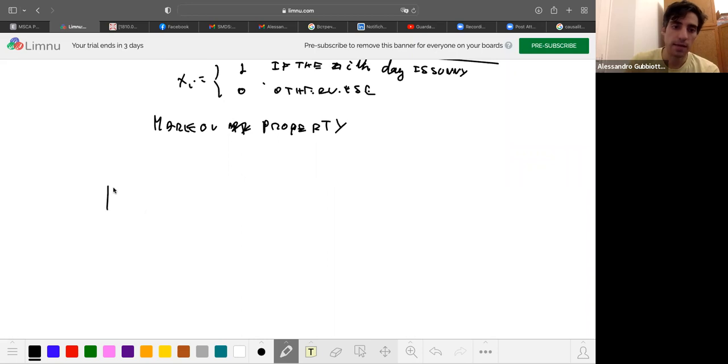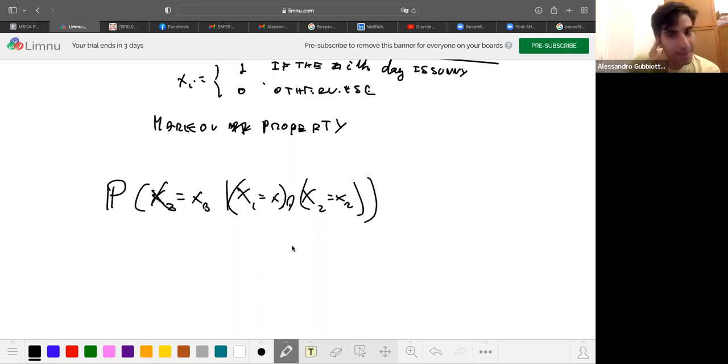Let me write it. For three Bernoulli trials, the probability that X3 is equal to little x3, given that X1 is equal to little x1 and X2 is equal to little x2, depends only on the past history of the tosses or the weather, as you wish to interpret it, depends only on the last toss or last day.